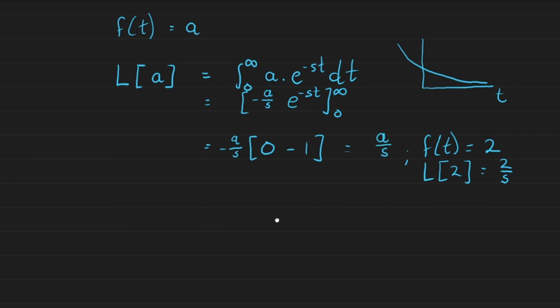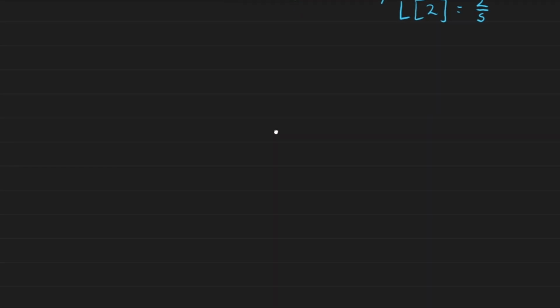We can now develop a series of standard Laplace transforms for a variety of functions. For example, if we have an exponential function, f of t equal to e to the power at, and we want to find the Laplace transform of this function, all we would do is apply its definition.